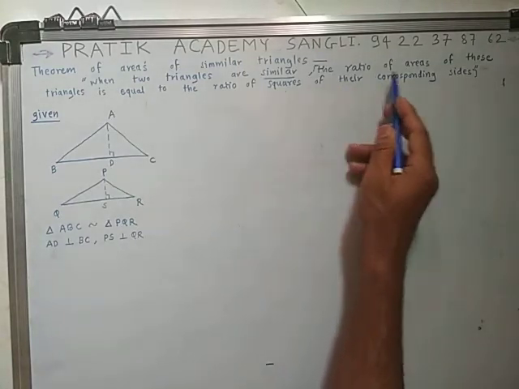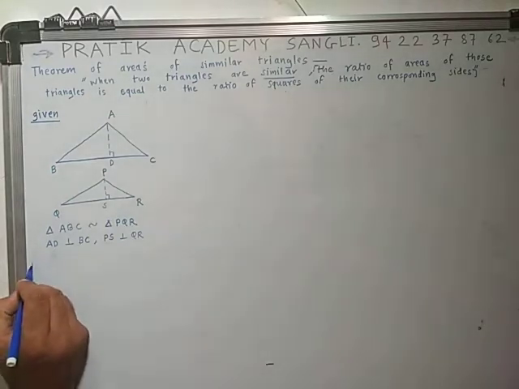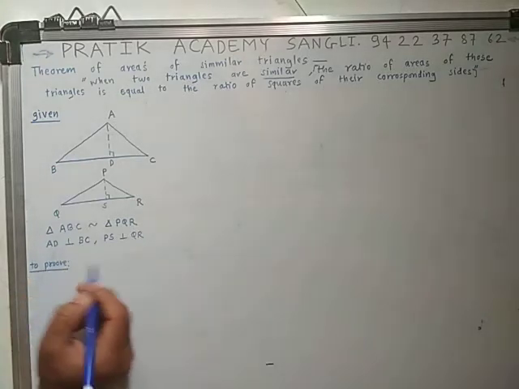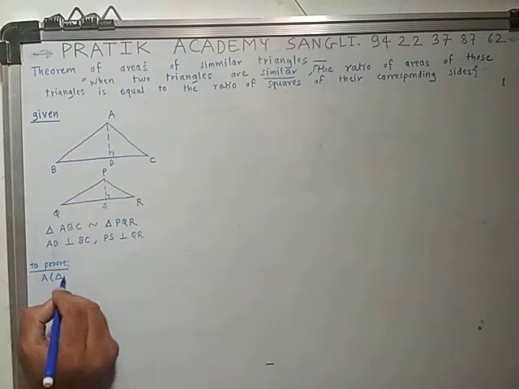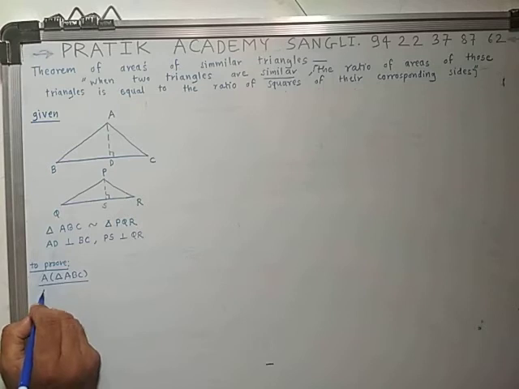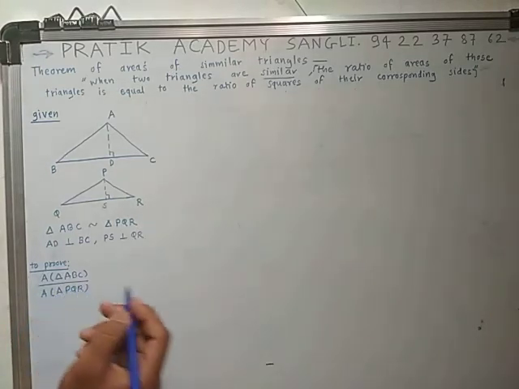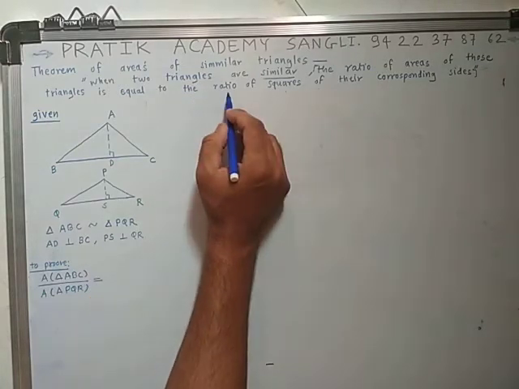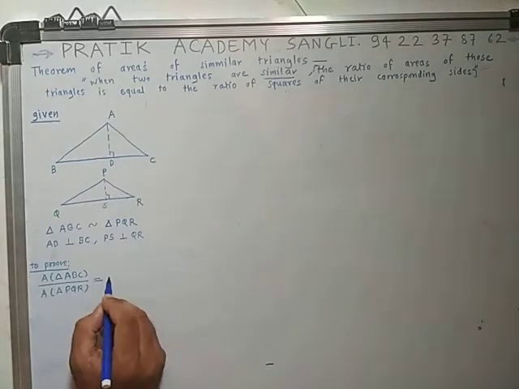The ratio of areas of those triangles. We have to prove that the ratio of areas, that is area of triangle ABC to area of triangle PQR, is equal to the ratio of squares of corresponding sides.